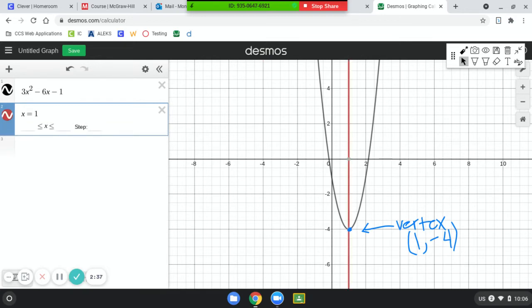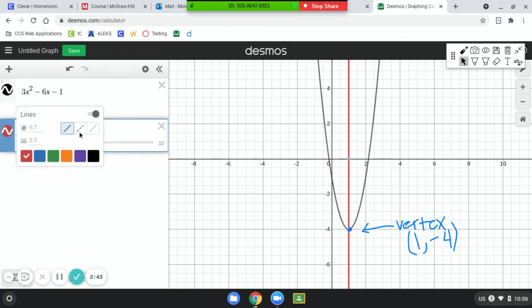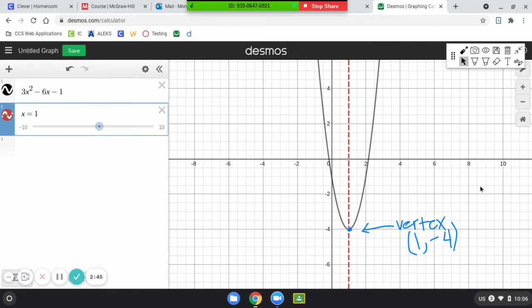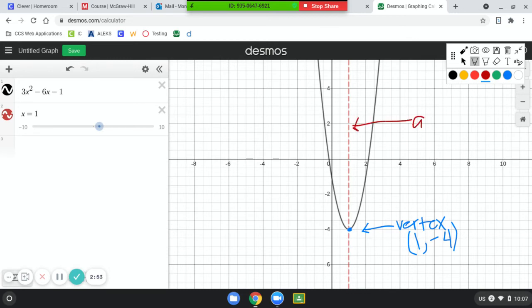So x equals 1 is the line that goes through the middle of that. I'm just going to change it to a dotted line. So that is my axis of symmetry, and it is x equals 1.